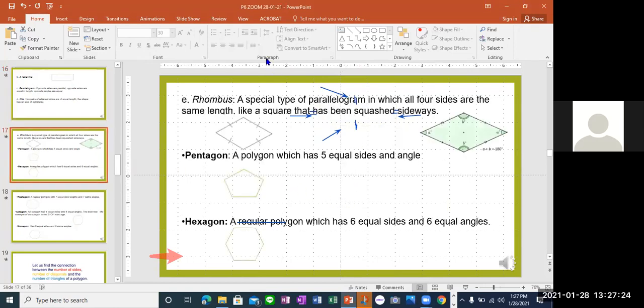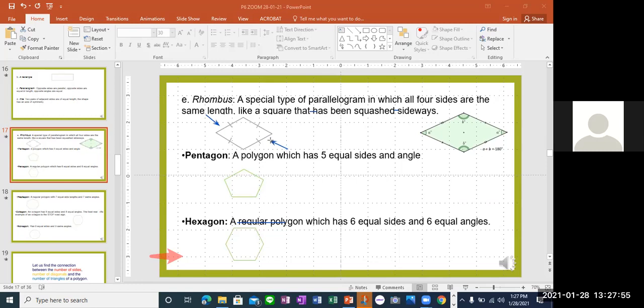Now let's look at this one. Now we have the rhombus. Your rhombus is another special type of parallelogram. As we say, parallelogram means the lines are parallel. The rhombus has equal sides, and they are parallel.